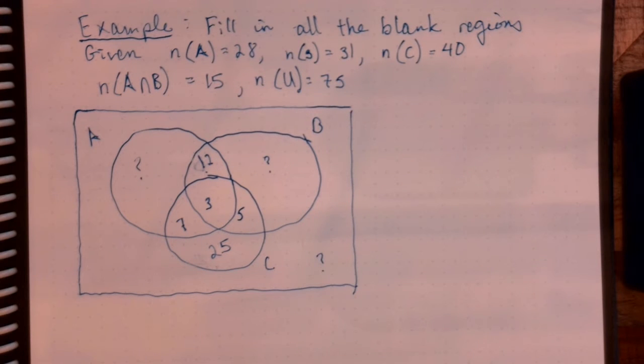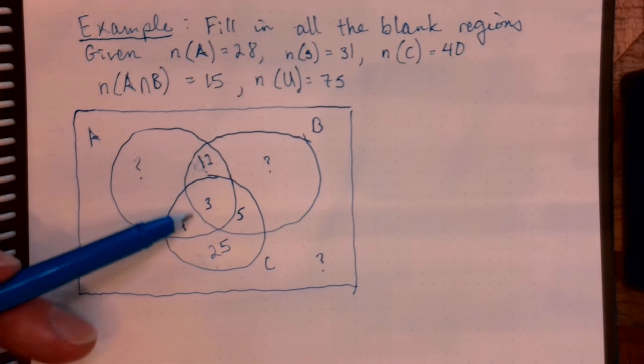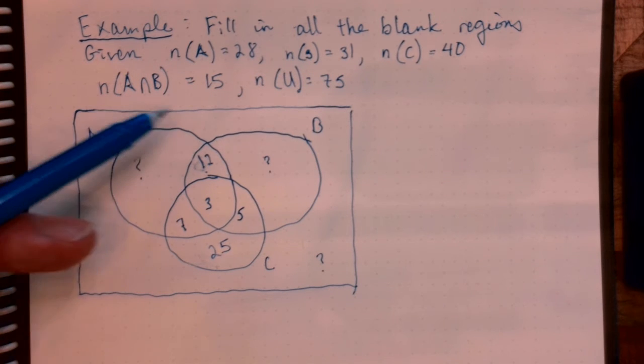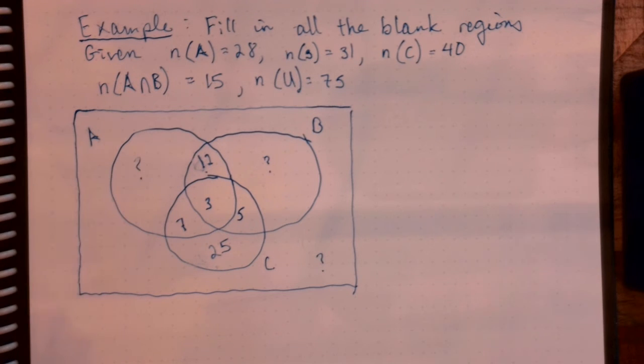The reason is that is what makes the total work out to be 15. If there's 15 things in this overlap, and we've already accounted for 3, then you need 12 more.